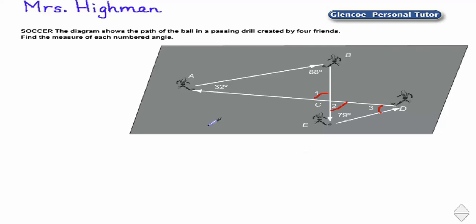If we look at the diagram, we see that we basically have 2 triangles, and that's going to help us out in our solving. And angle 1 and angle 2 are vertical angles.